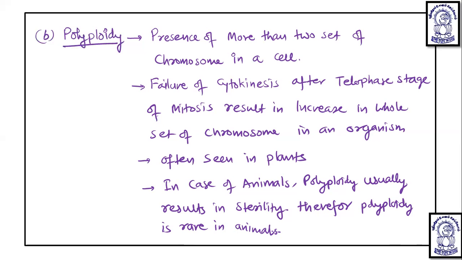Now this polyploidy falls into two major categories. One is autopolyploidy.